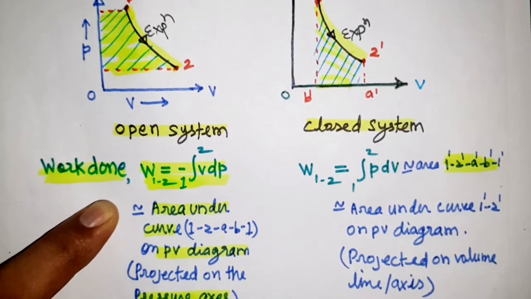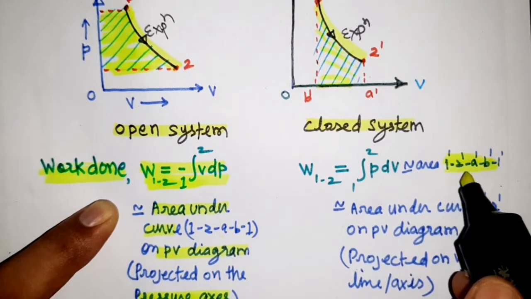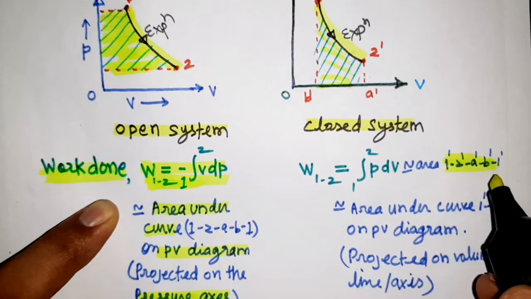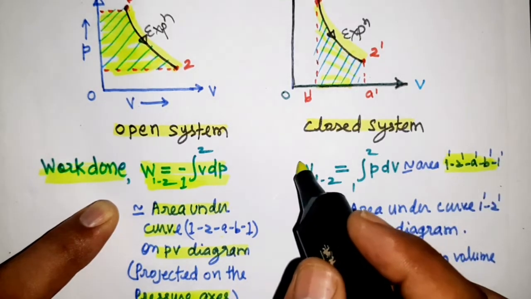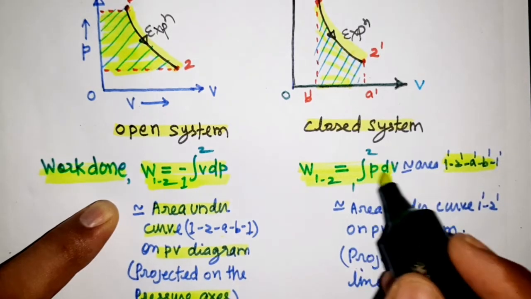In this case, the area 1 dash 2 dash a dash b dash 1 dash is equal to the work done 1 to 2, which is equal to P dV.